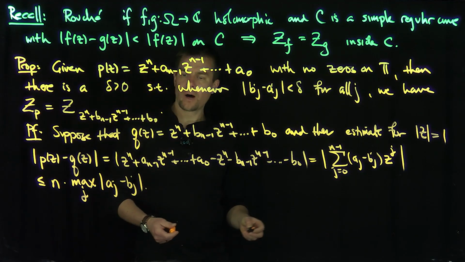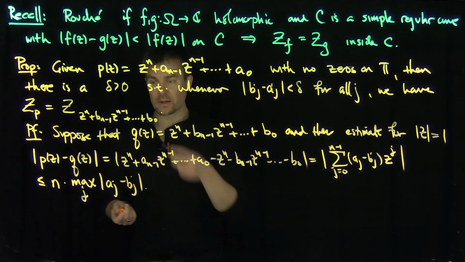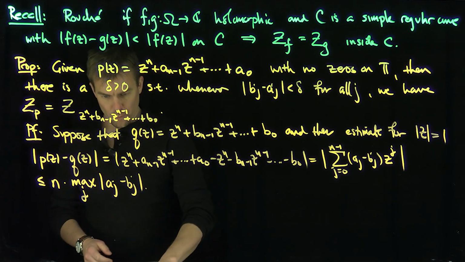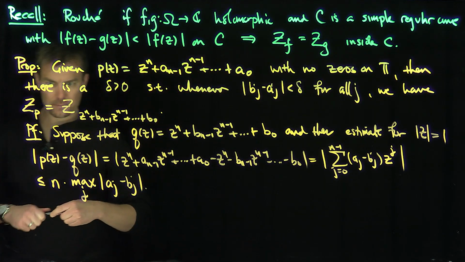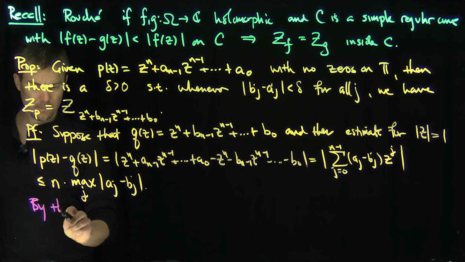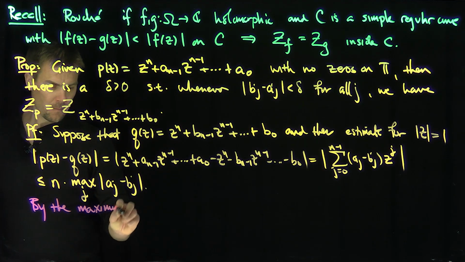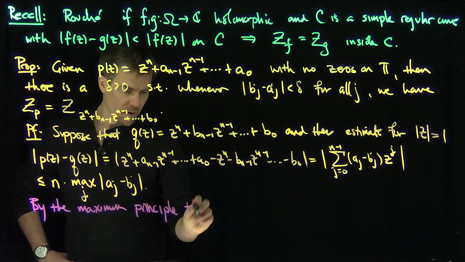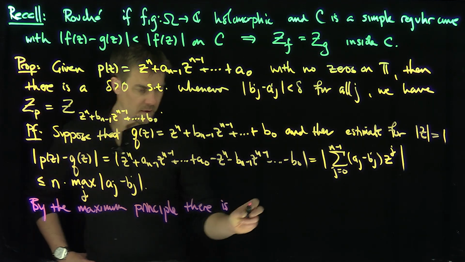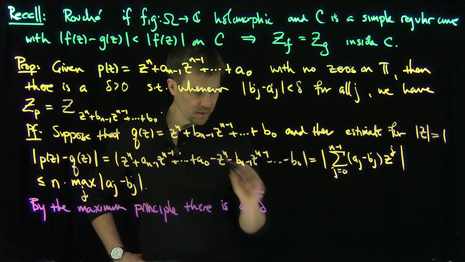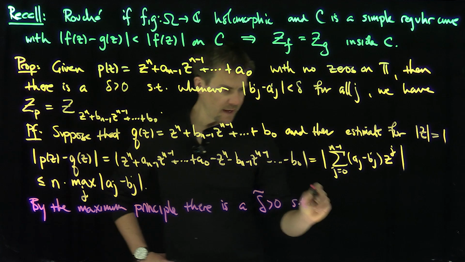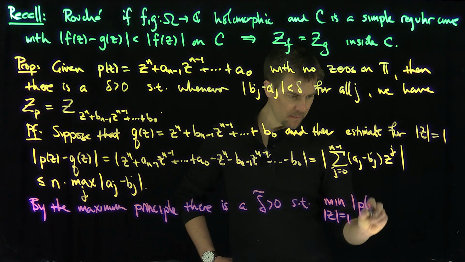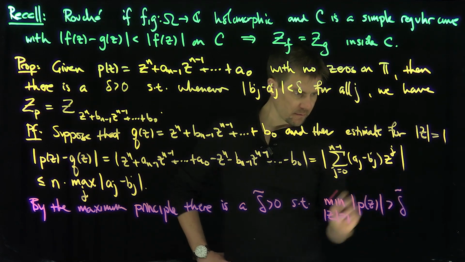Good. Now, I want this number to be less than the modulus of p. So we know by the maximum principle there is a delta tilde greater than 0 such that the minimum on the unit circle of |p(z)| is bigger than delta tilde.